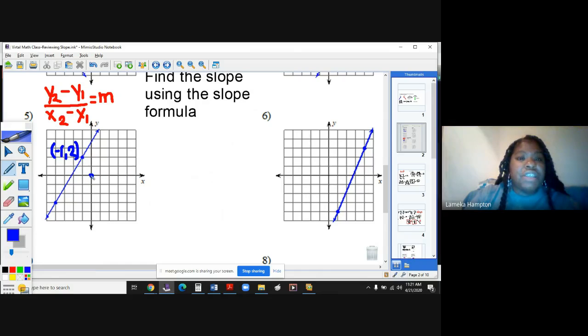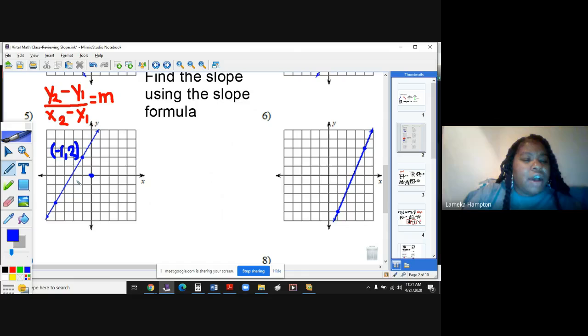If your number is negative, you go to the left. That is the reason I went left, because my point is up here. To get to that point, I went from 0 to -1, and then from -1, I went up 1, 2. That's why my 1 is negative and my 2 is positive.